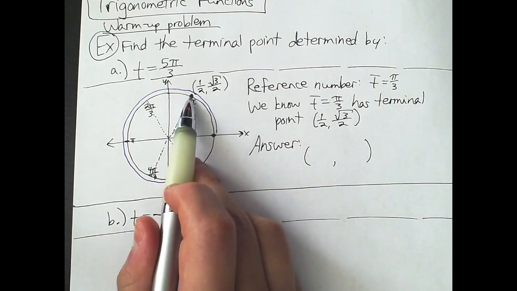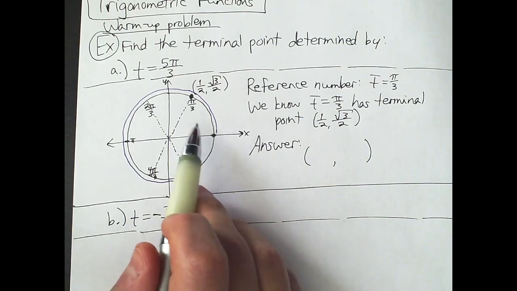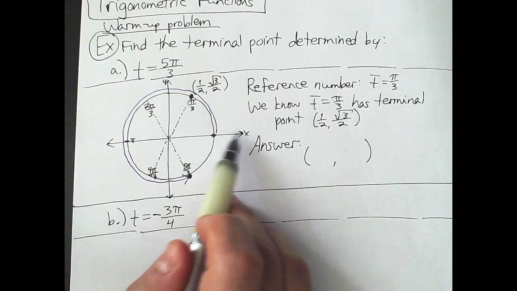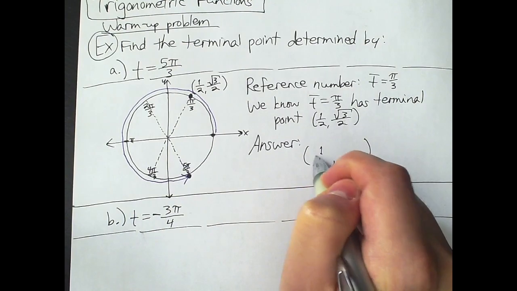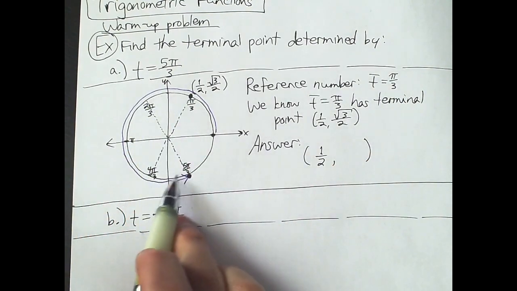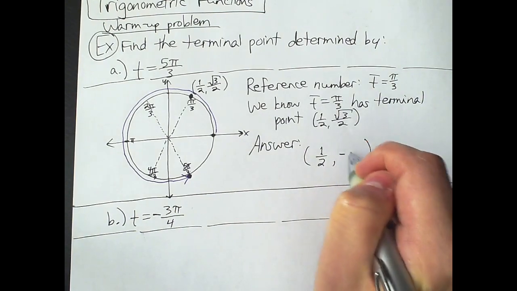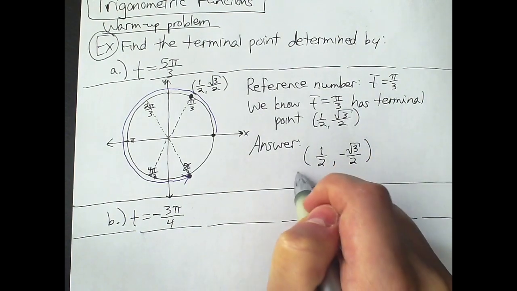I can tell that because we are in the positive part of the x-axis, the 1/2 is still going to be 1/2. But we are in the negative part of the y-axis down here, so we're going to have a negative y value. So it's negative square root of 3 over 2. That's my answer.